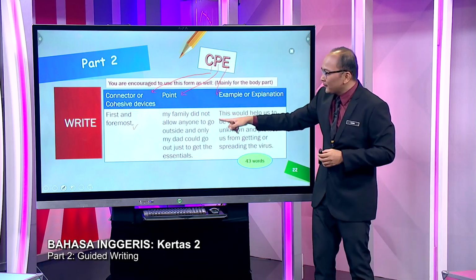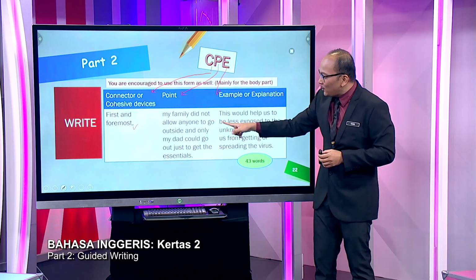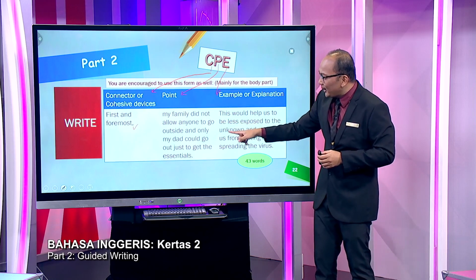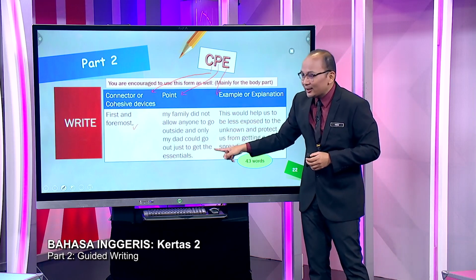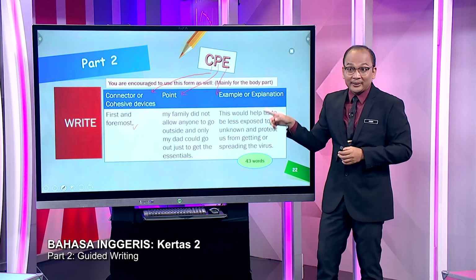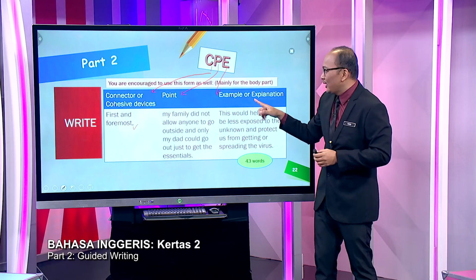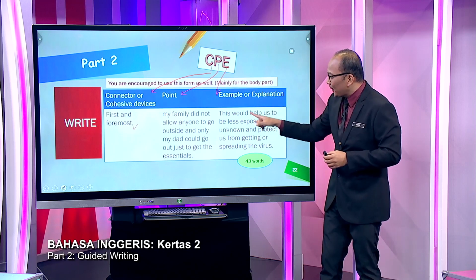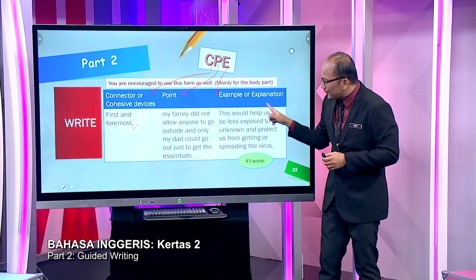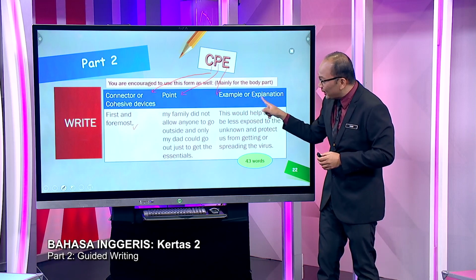What is the point? My family did not allow anyone to go outside, and only my dad could go out just to get the essentials. Which is the step taken, which is answering to the first prompt. Example or explanation. So the answer is included for the explanation part.